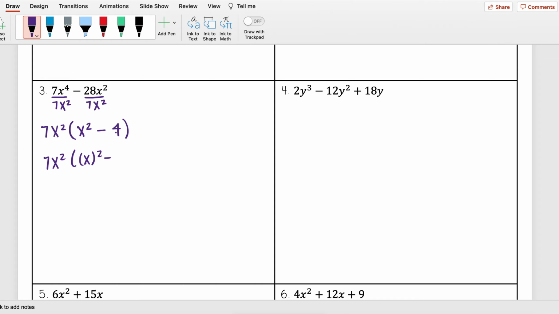Now I see, can 4 be rewritten as something squared? Well, when I take the square root of 4, I get 2. And so that means that this can be rewritten as 2 squared. That's because 2 times 2 gets me 4. And so following that pattern, that means this becomes x plus 2 times x minus 2.